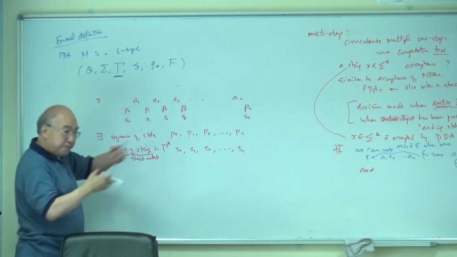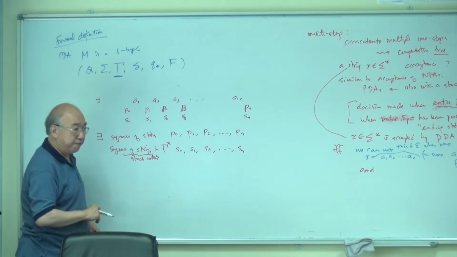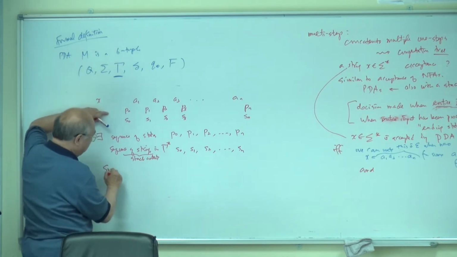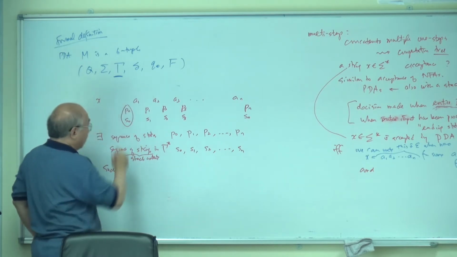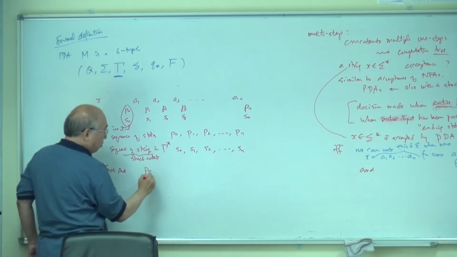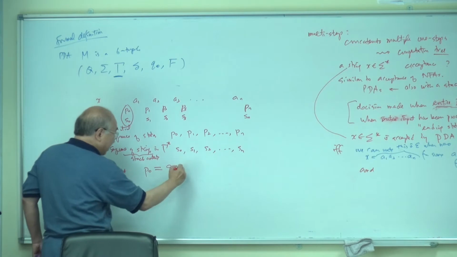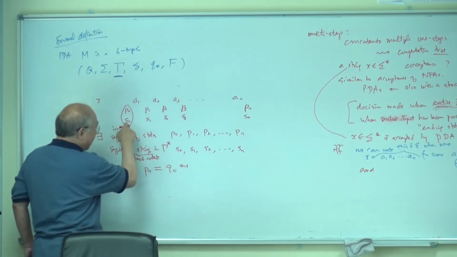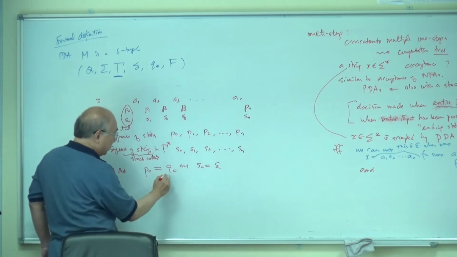But then there must be some one-step computation that we want to enforce. This is initial, so P0 better be equal to q0, the start state, and the stack initially is empty.